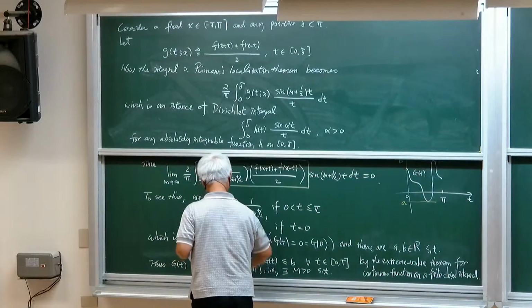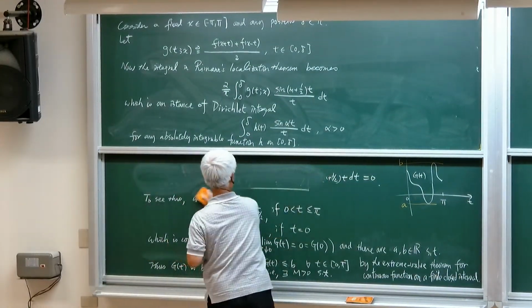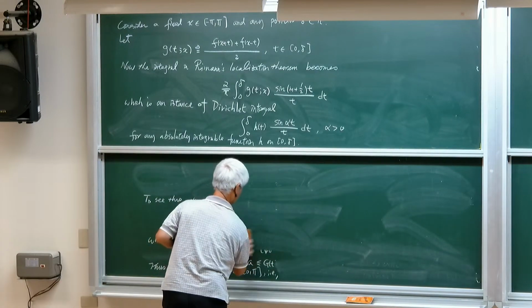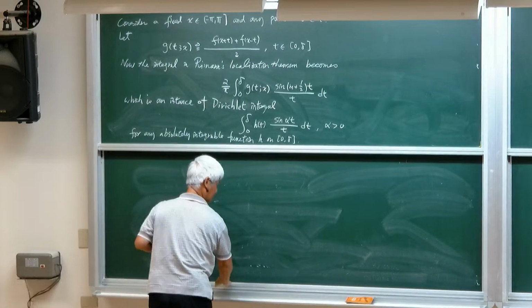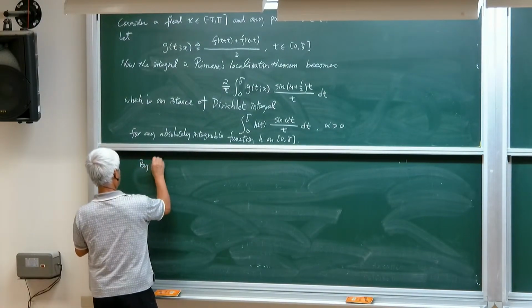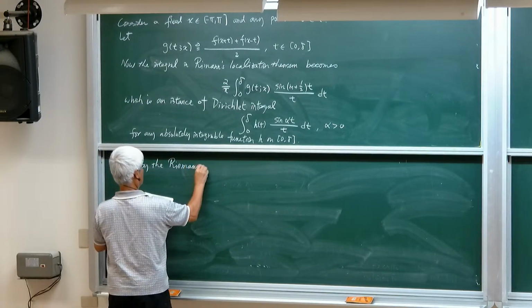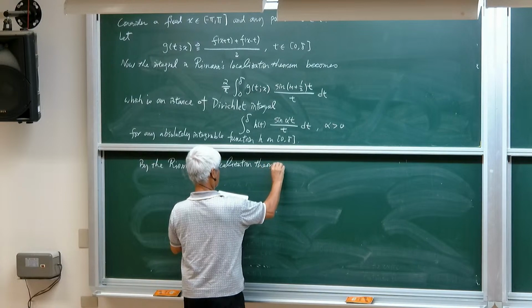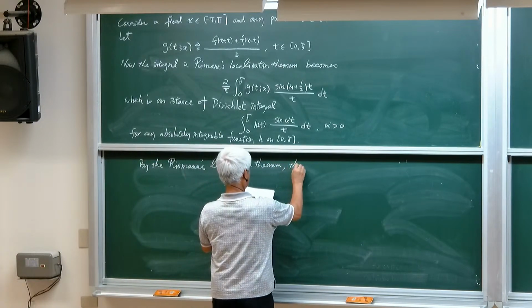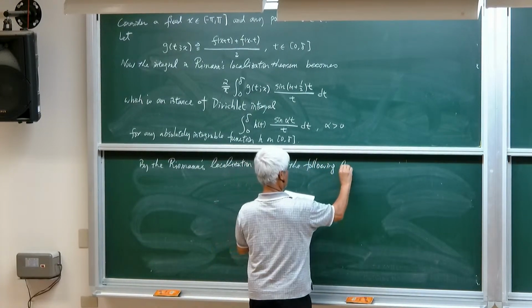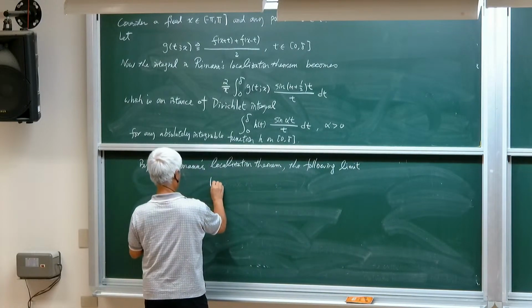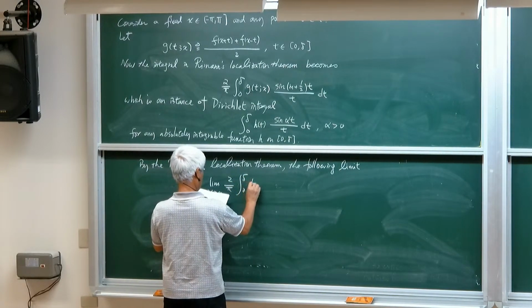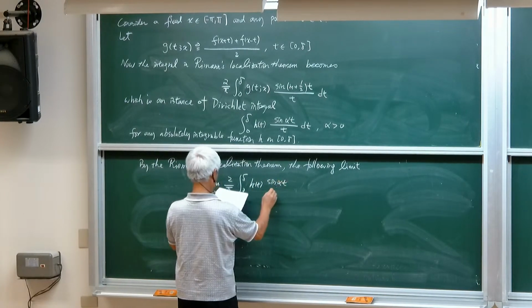And so by the Riemann localization theorem, the following limit as alpha goes to infinity of the integral of h of t, right?